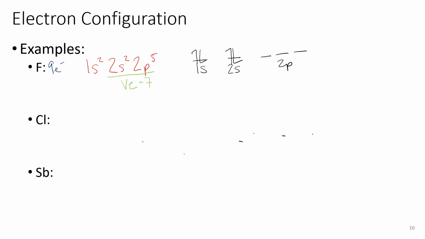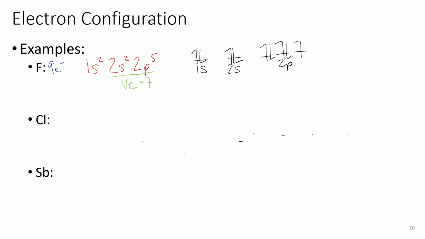But remember Hund's rule. It tells me I have to put 1 electron in each of the orbitals before I go back and start to pair. So I would place 1, 2, 3, and then I would go back and start to pair for 4 and 5. So this notation would tell me that I have 1 unpaired electron in fluorine. And that will be important later on as we get ready to start looking at bonding.